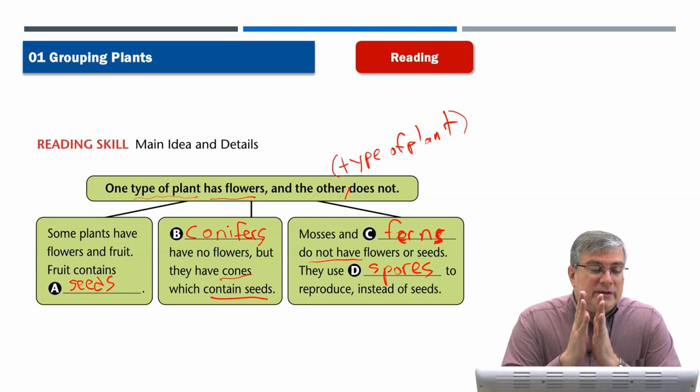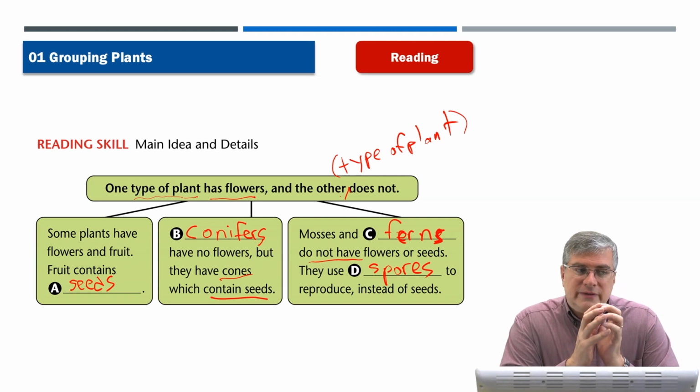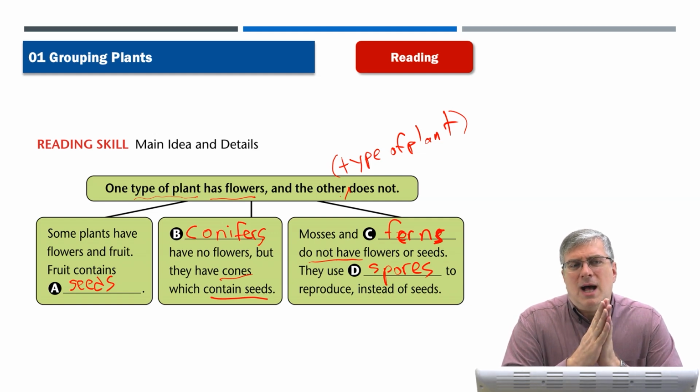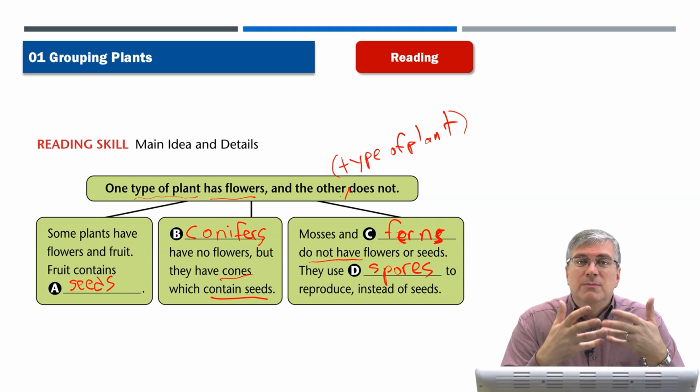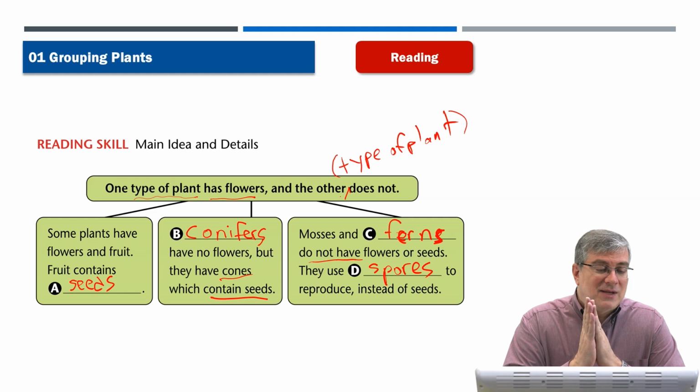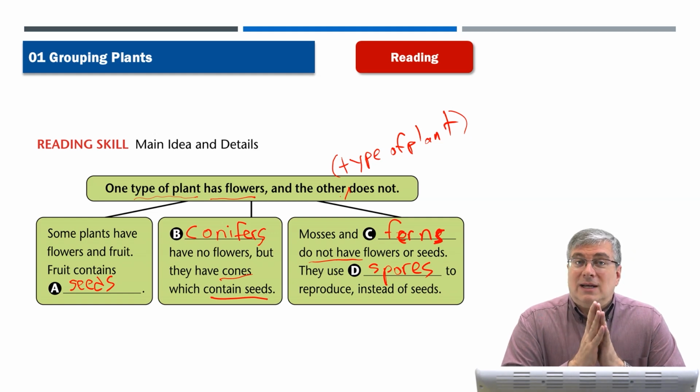This is a very important part of science, to group things together, because if you group them together, you can get a better idea about how they work, how they reproduce, how they live, how they evolved. And so you develop a deeper understanding about these living organisms. So grouping, classifying is a very common technique in science. As we've seen, scientists will group plants according to different characteristics.